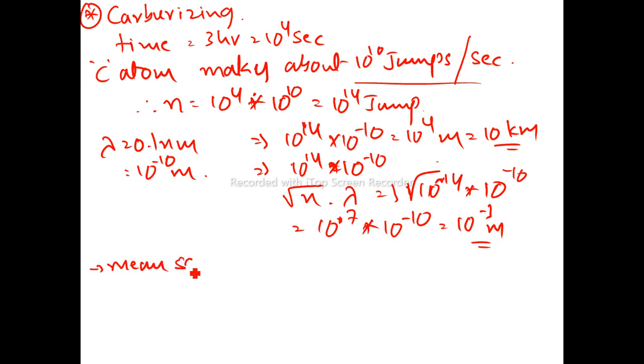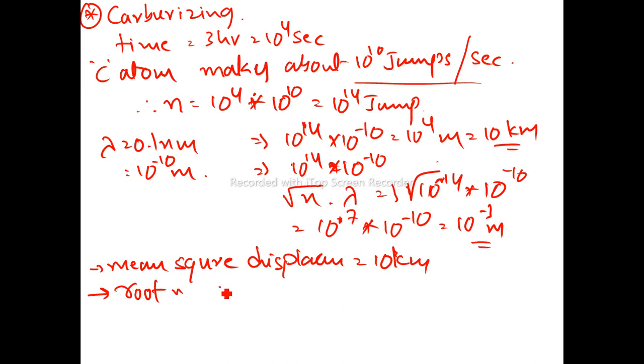Mean square displacement is 10 kilometer, whereas the root mean square displacement is 10 to the power of minus 3 meters.